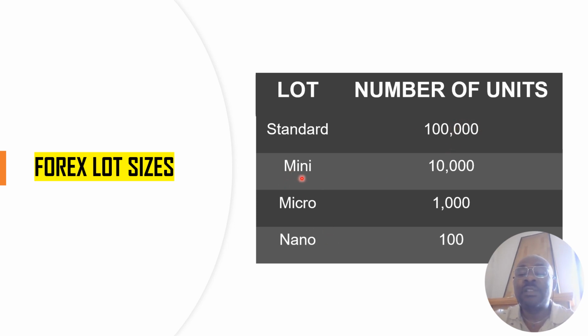Now, for you to have a mini lot, which is 10,000 units, you just need to drop 10% of this. Then your broker will complete the remaining percent. Then in the financial market, you have these 10,000 units in your account.